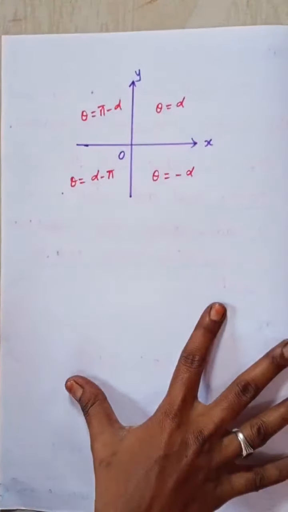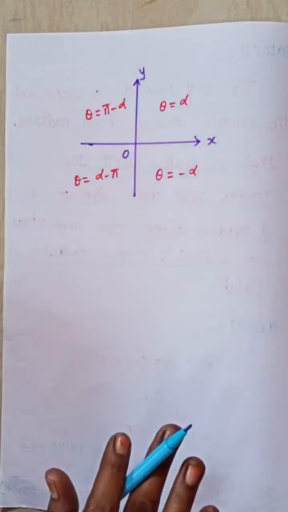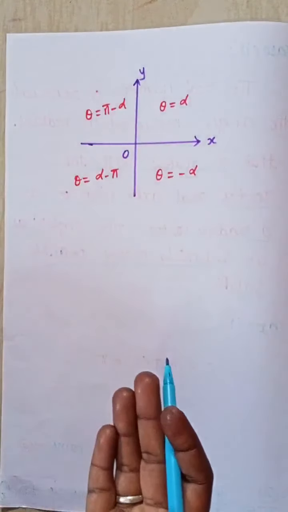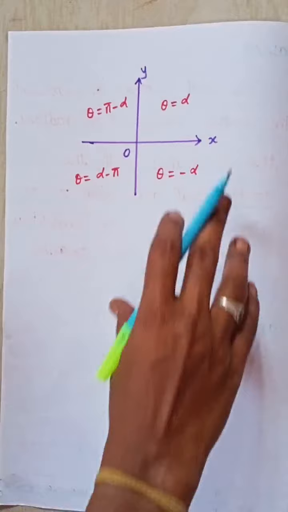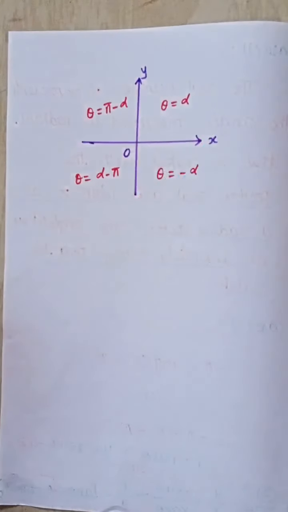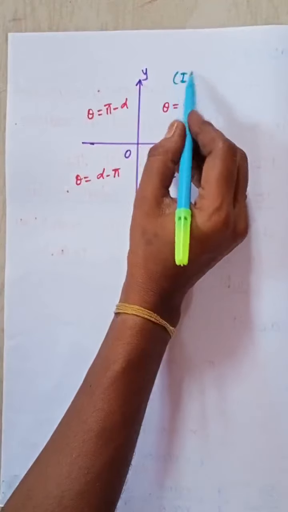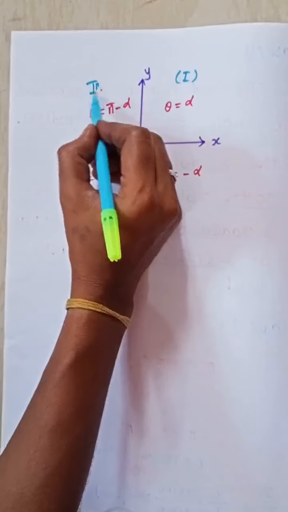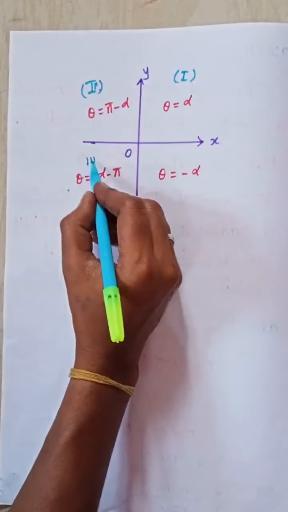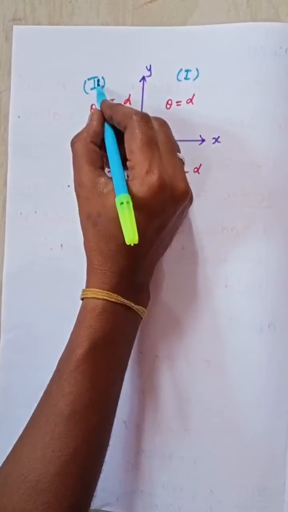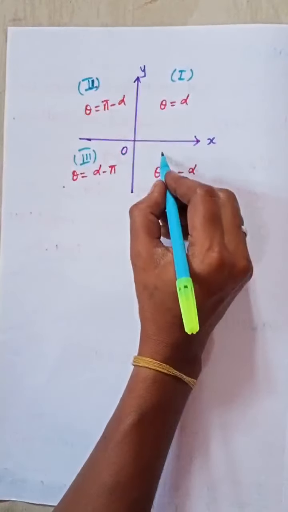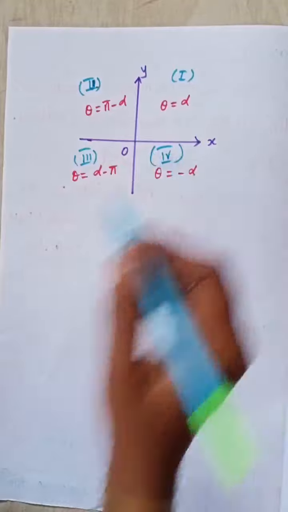Next, see the diagram. It is a polar coordinates diagram showing the argument. This is the first quadrant, the second quadrant, the third quadrant, and the fourth quadrant.